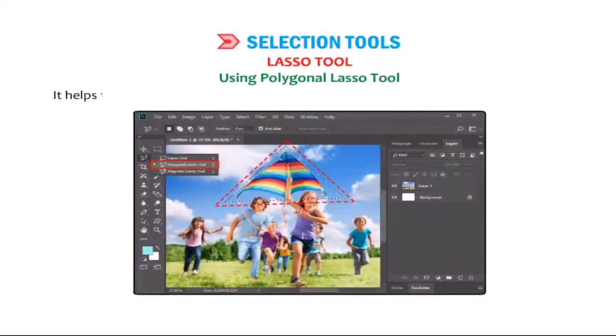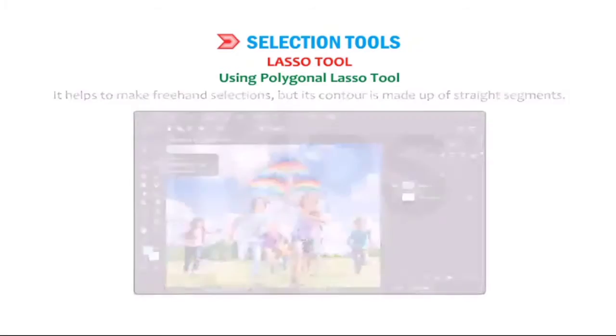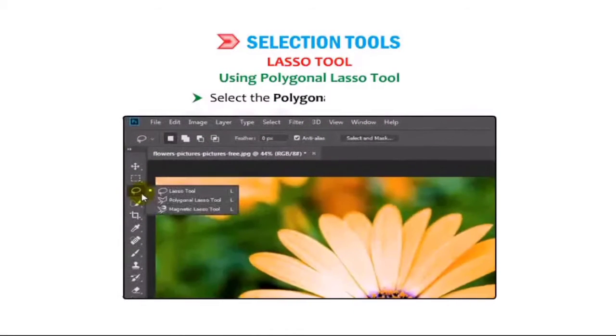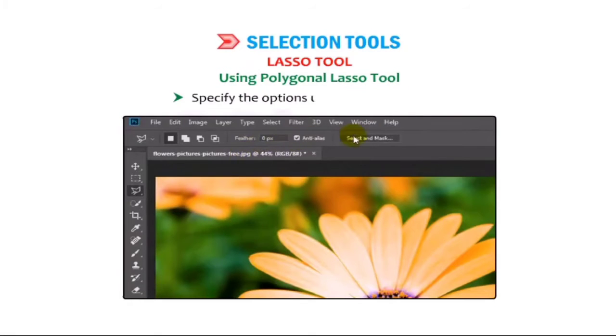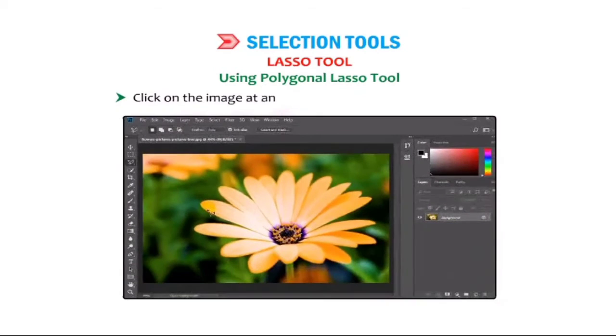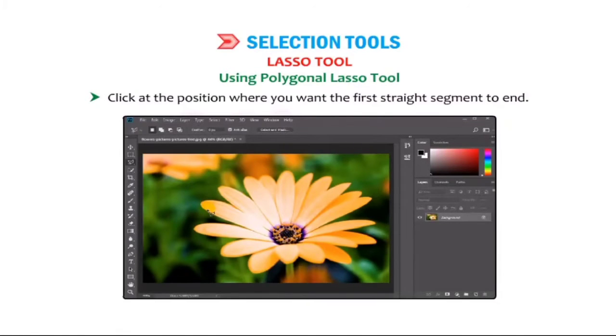Using polygonal lasso tool. It helps to make freehand selections, but its contour is made up of straight segments. Select the polygonal lasso tool. Specify the options using the options bar. Click on the image at any point near the object to be outlined. Click at the position where you want the first straight segment to end.